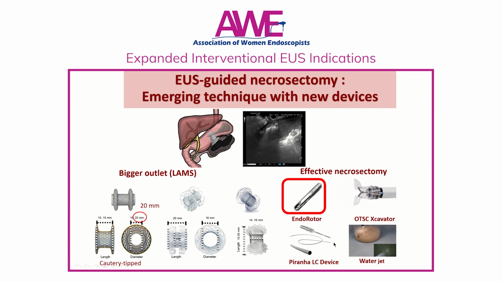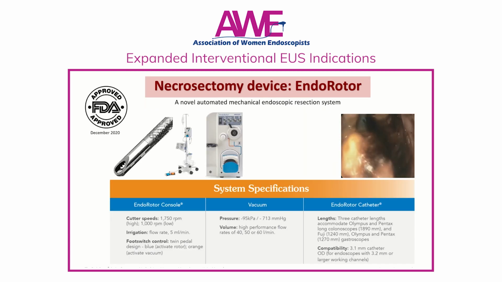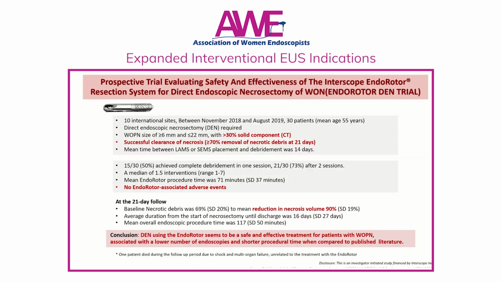I'd like to spend a few minutes talking about the EndoRotor. EndoRotor is a novel automated mechanical endoscopic resection system with cutter speeds of over 1700 rounds per minute. The catheter is compatible with endoscopes with a 3.2 millimeter or larger working channel, and a large international prospective trial has been conducted to evaluate safety and efficacy of the EndoRotor.